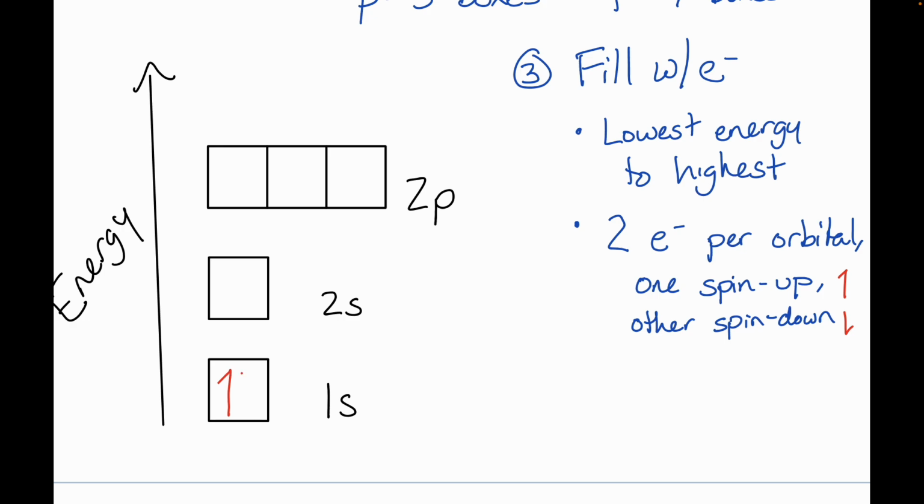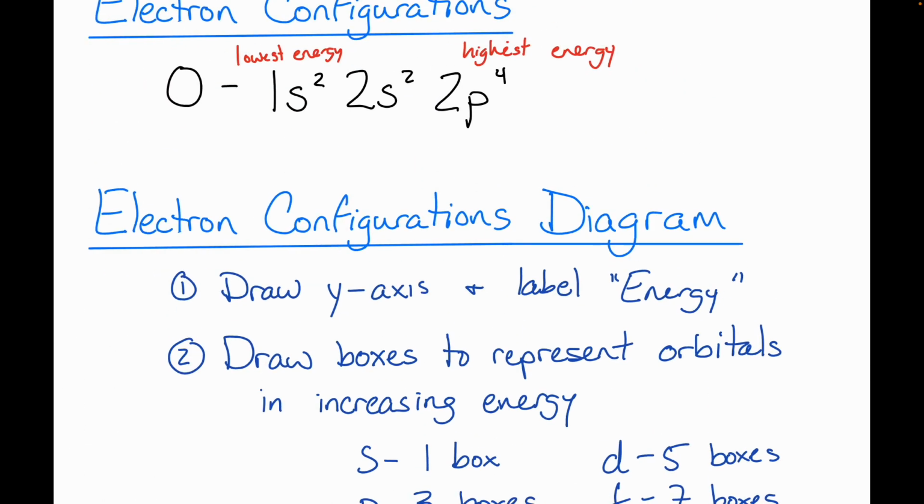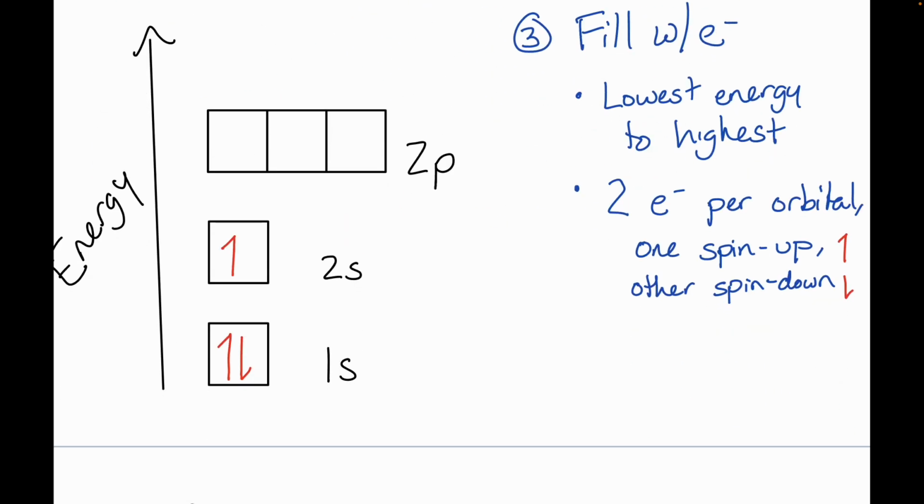So if I fill in my other electron, because I'm allowed to have 2 per orbital, I would fill one spin up, arrow pointed up, and the other one spin down, arrow pointed down. Okay, so now I've filled that 1s orbital. I'm going to move on to the next one here, the 2s orbital. How many electrons am I going to put in there? 2. So again, one of them will be spin up, one of them will be spin down.